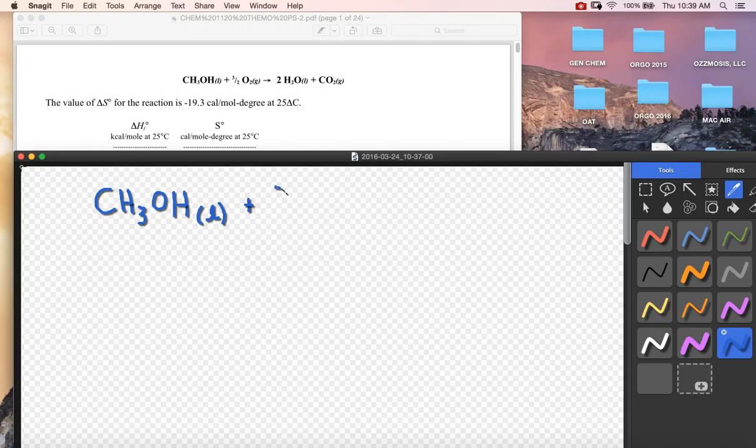And we have 1.5 moles of oxygen gas, so that essentially is 3 oxygen atoms. And this yields 2 liquid water molecules, plus 1 mole of gaseous carbon dioxide.